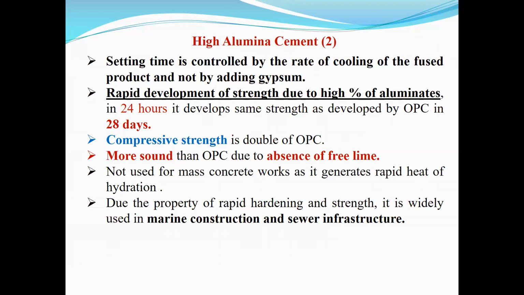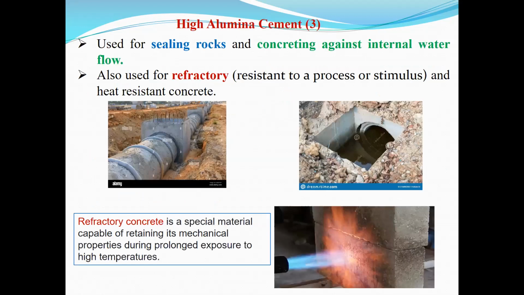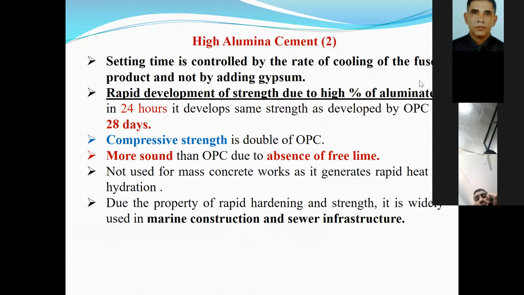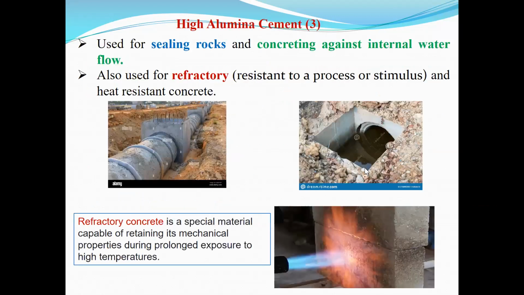So you require rapid hardening and rapid gaining of strength. In such places you will use high alumina cement. So here you can see the case of sewer structures, okay, and this is the refractory.